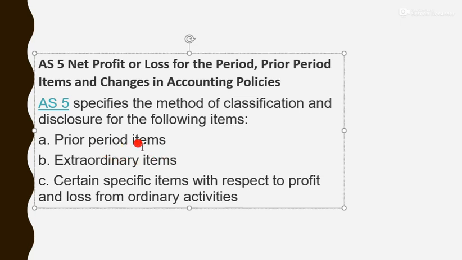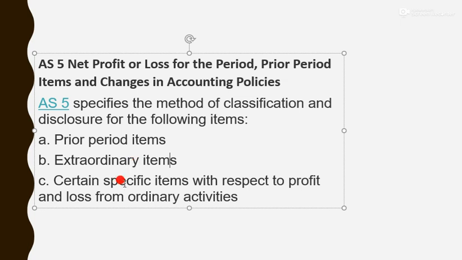See, prior period items we saw, now extraordinary items. Examples of extraordinary items include expenses to deal with a fire, earthquake, or uninsured losses from a flood, and the gain or loss from the early retirement of debt. All these things which cannot be predicted will be called extraordinary items.